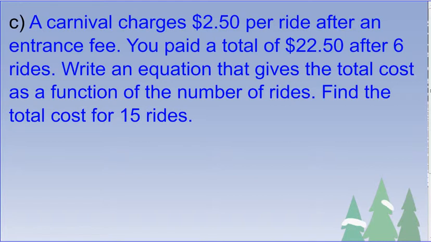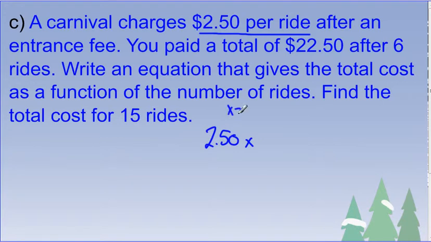Okay, so let's see. We say a carnival charges $2.50 per ride. So that is happening over and over again. So if you went on 5 rides, you're paying 5 times that $2.50. So it's definitely going to be $2.50x, or yeah, we can use x for the number of rides.